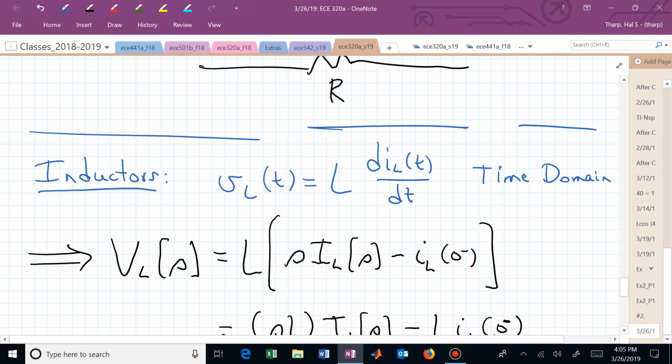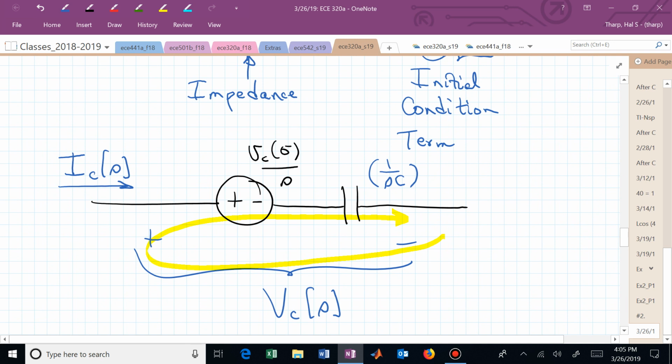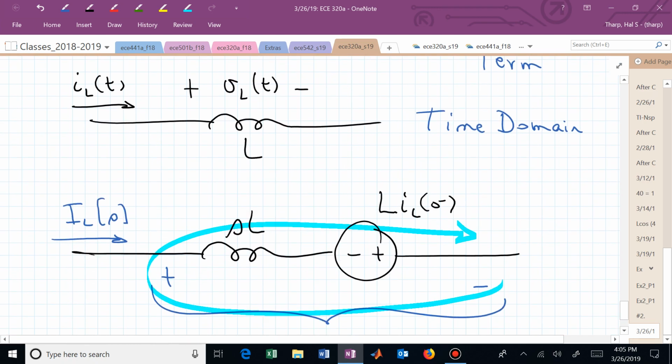The expression that weighted the series voltage source associated with the capacitor's initial condition is V sub C of 0 minus over S. There's no C in that, and there was an L in the inductor. So you have to keep track of these when you want to push these particular elements through into the frequency domain.